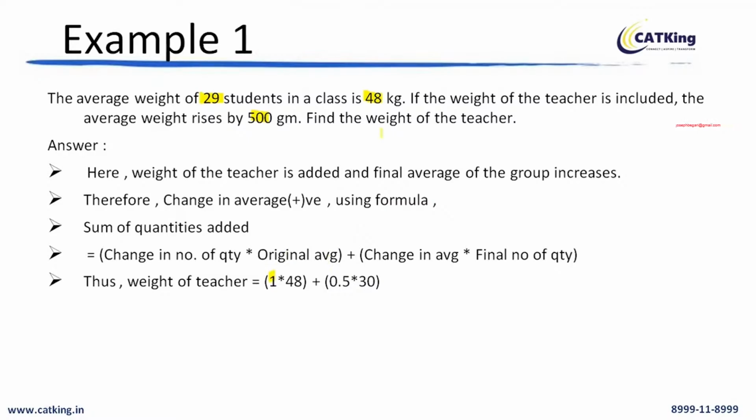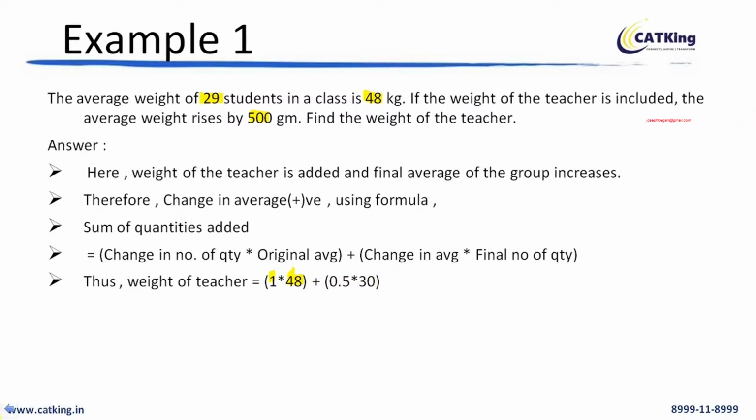Into original average, 48 is given to you, so 48 plus. Why plus? Because the average is increasing and quantities are added. We have known that we use a plus sign for that. Change in average: the average weight rises by 500 grams, so the change in average is 0.5 kg. Instead of writing 500, we have written 0.5 so that everything is in kg. Into final number of quantity.